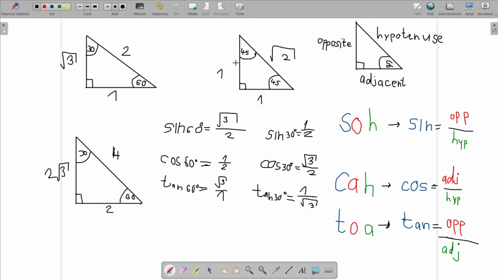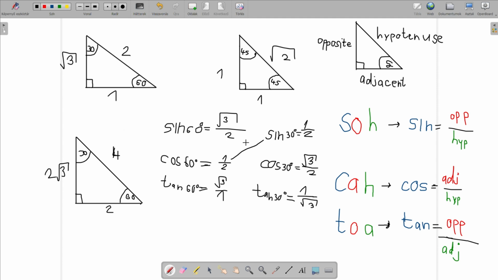This is a pretty easy one because the opposite and the adjacent sides are the same. But these are some common values. If we take a look, the cosine of one acute angle is equal to the sine of the other acute angle.